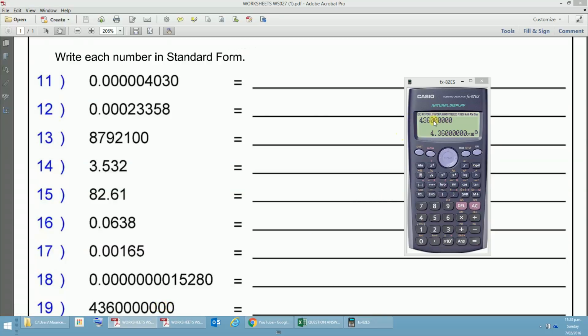I left a 0 off, so we have to redo that one. 4, 3, 6, 1, 2, 3, 4, 5, 6, 7, equals 4.36 times 10 to the 9.